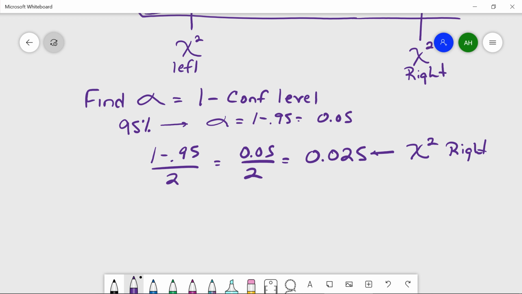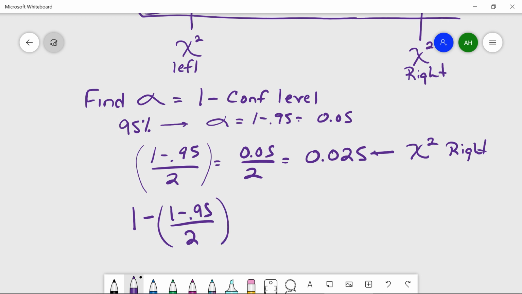For my chi left, I'm going to take 1 minus the confidence level divided by 2, so 1 minus 0.95 over 2.